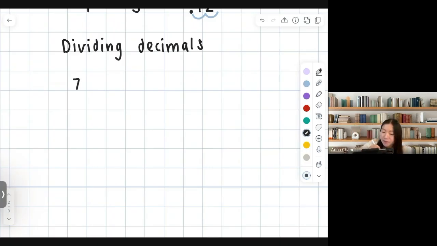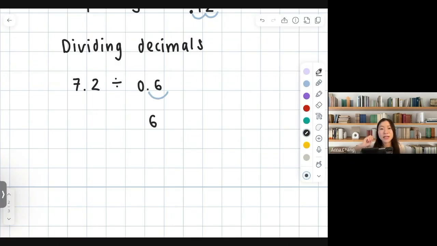So let's say I have 7.2 divided by 0.6. We start by moving the decimal point in the divisor, which is what you're dividing by, to the right until it becomes a whole number. In this case, I need to move this decimal point 1 spot to the right. This gives me 6.